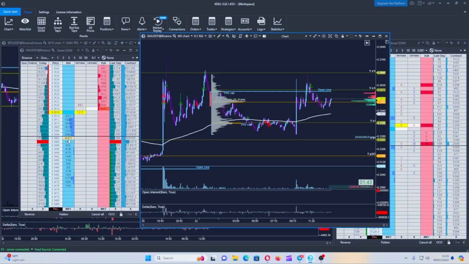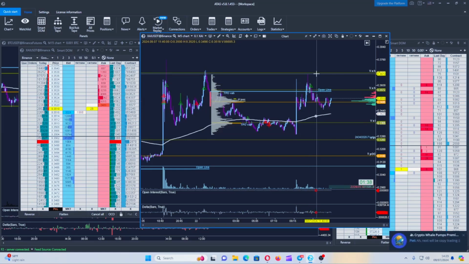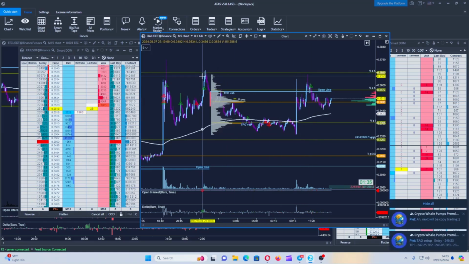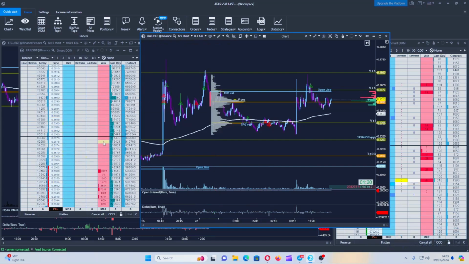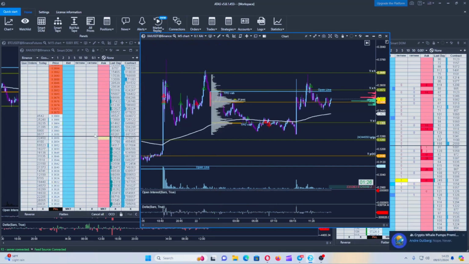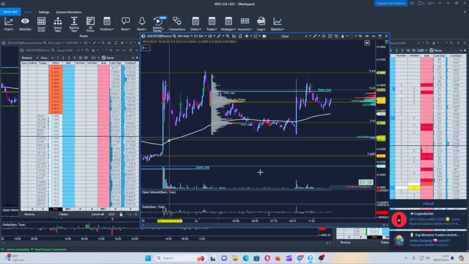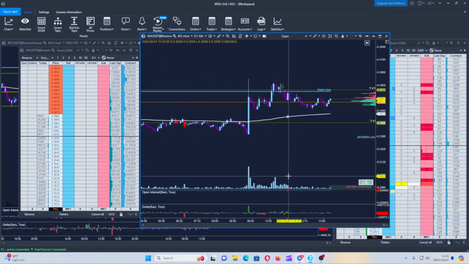So I said to everybody in the group earlier, if you're going to take a short at this area here, which was yesterday's previous area where it has dropped from before, which is 3672. So let's go up to 3672. And we've got nothing there. There's no buyers up at the top. So if you go down into here and you look at your delta bars, see how the delta started to slow down.